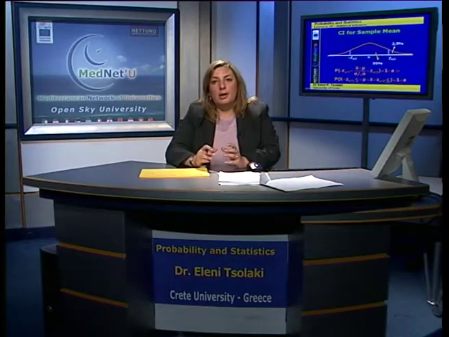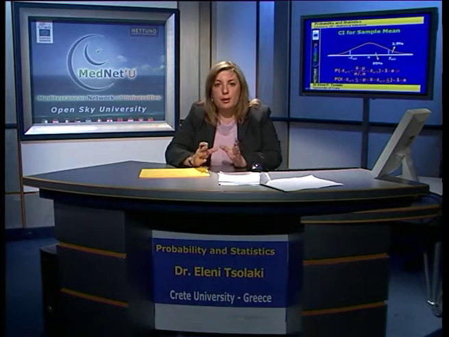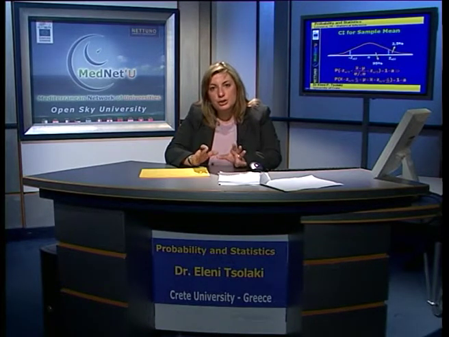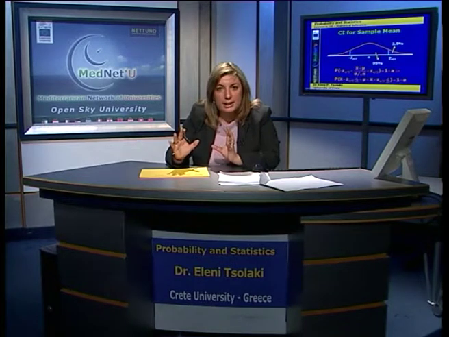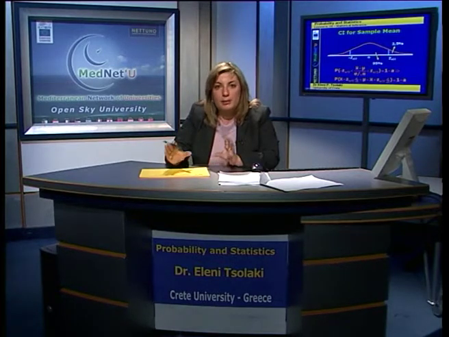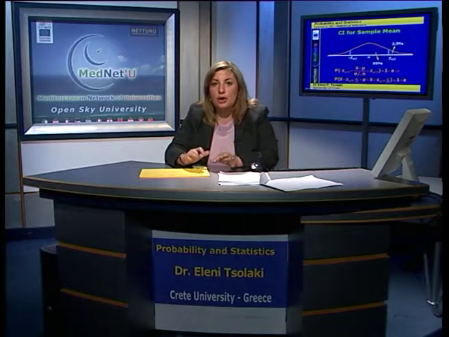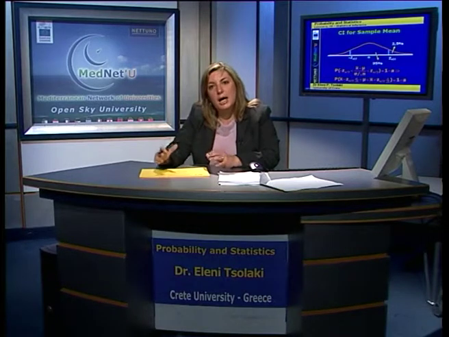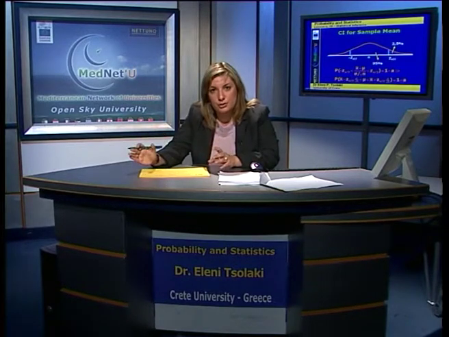Now, here we have a small problem. We said that in order to use the central limit theorem, we have to have a large n. We are going to assume that we can actually solve this problem here, although n is not so large. We are going to use everything we know in order to see how we can do the calculations.